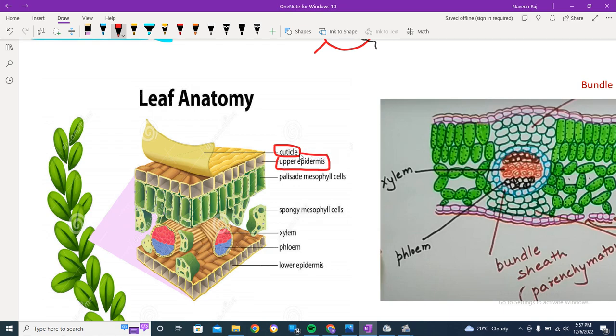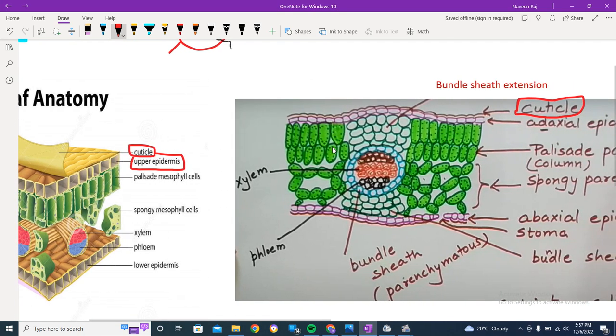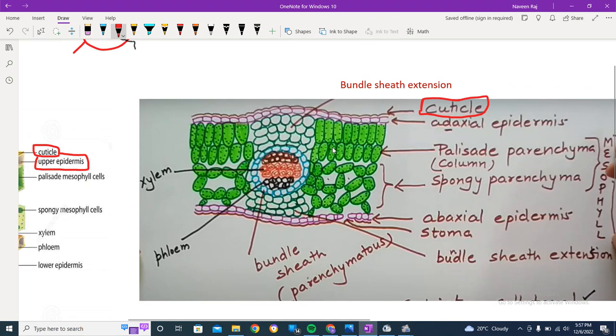Remember this, that the upper epidermis is made up of tightly packed epidermal cells. Remember this, that the upper epidermis is also called the adaxial epidermis. I'm mentioning it again, this is very important.